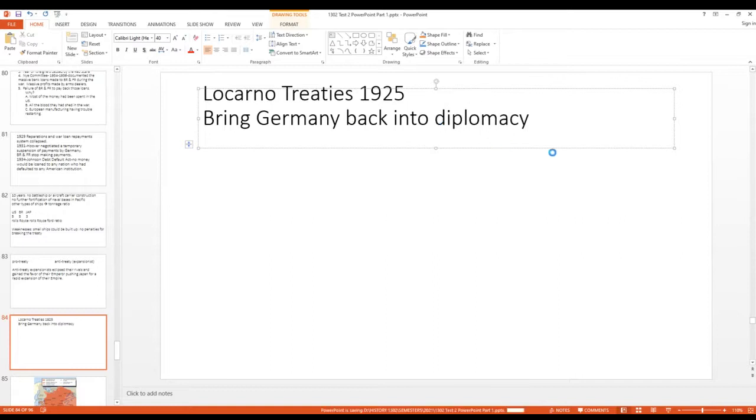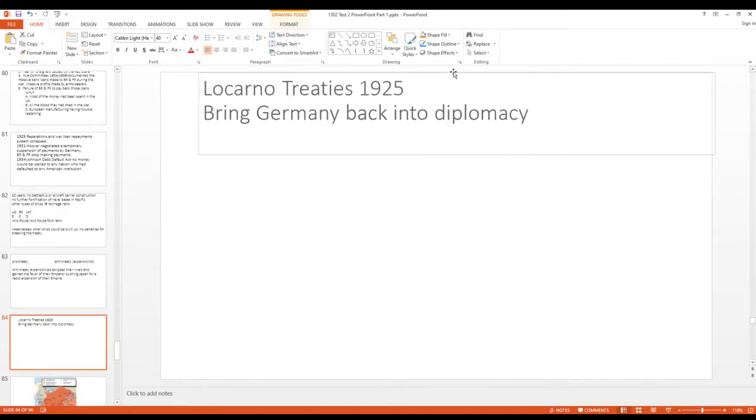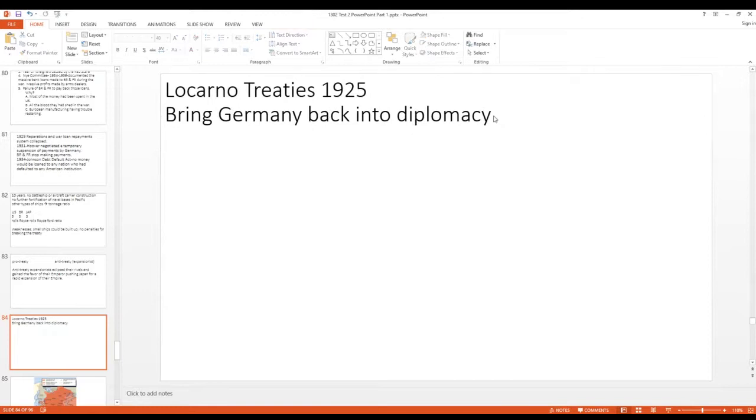Again, Germany, having accepted defeat, had somewhat been shunned. Remember, Germany had to take responsibility for causing the war, Article 231. And so Germany had been somewhat shunned from international diplomacy.